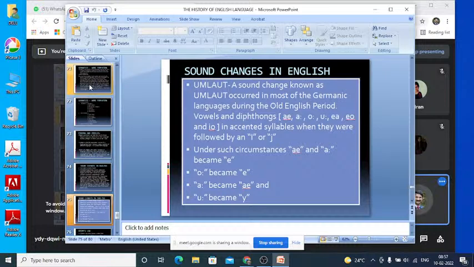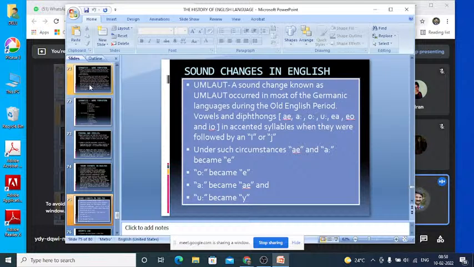Thus Latin moneta became munit in prehistoric Old English, and minate later, and it became mint in modern English. So look at that, moneta of Latin is becoming in Old English munit, and later it becomes minate, and in modern English it becomes mint.